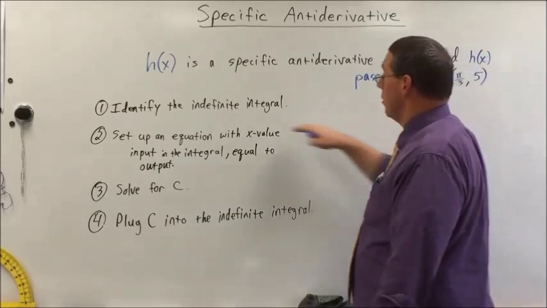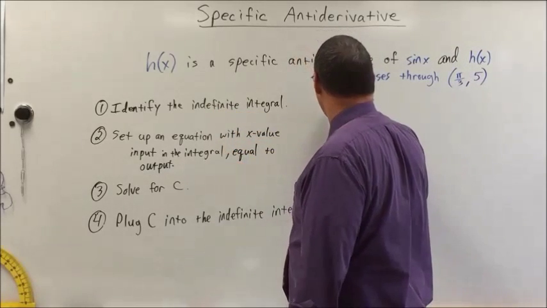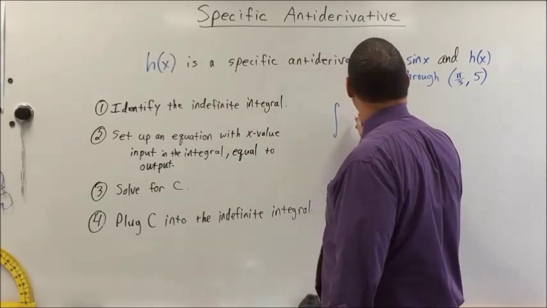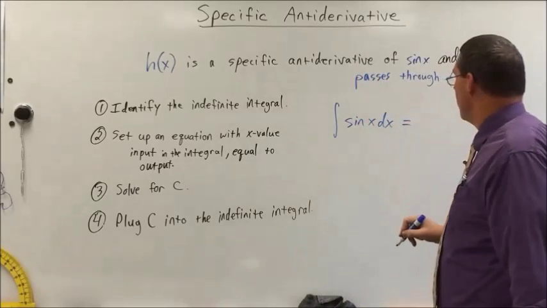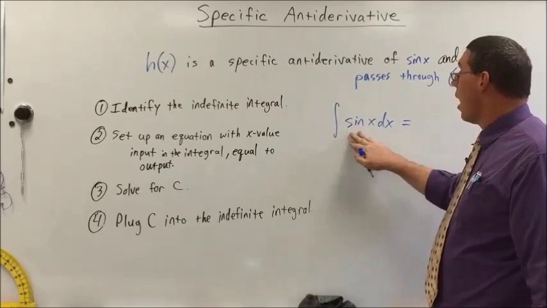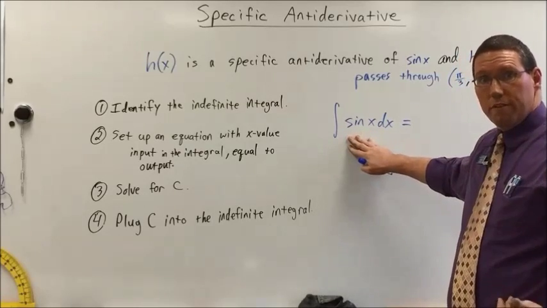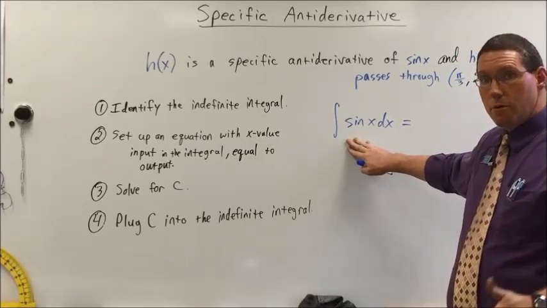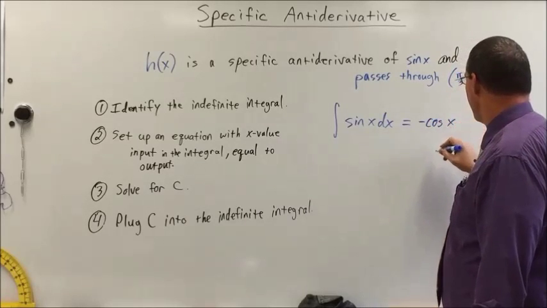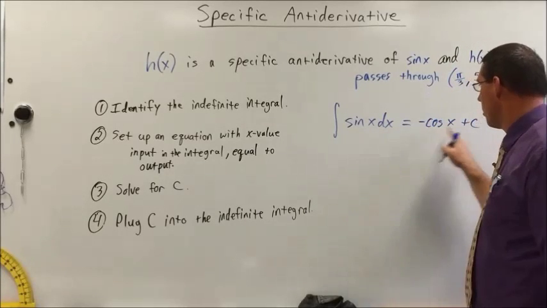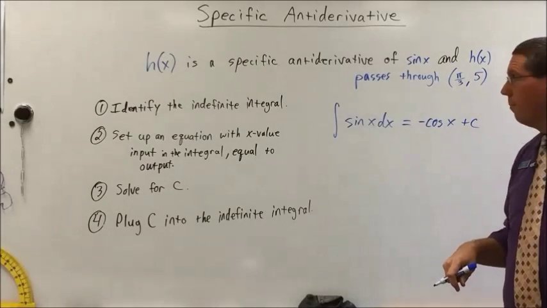Well, first thing we're going to do is identify the indefinite integral. The indefinite integral of sine of x with respect to x is, well, sine of x is the derivative of negative cosine of x, right? So negative cosine of x plus c. So there's our indefinite integral.